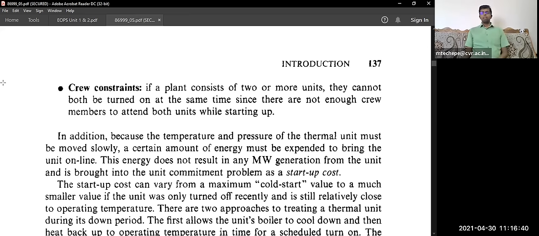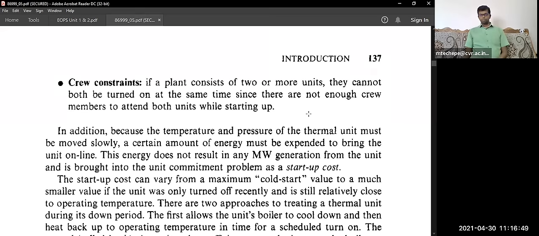So that is called the crew constraint, having enough crew members to attend both units while starting up. In addition, because the temperature must be moved slowly, a certain amount of energy must be expended to bring the unit online. The temperature and pressure of the thermal unit are raised slowly only.